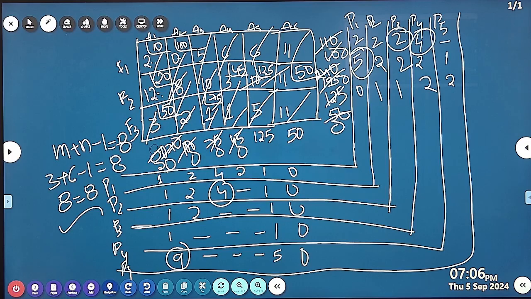So tell me the total cost. Total cost बता दो मुझे.